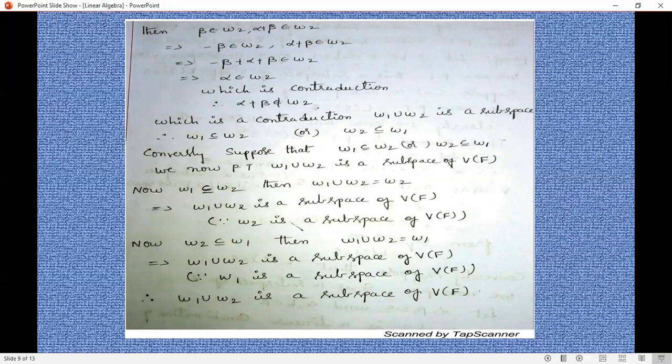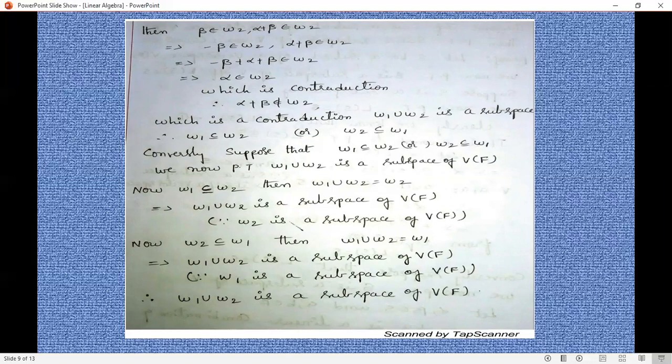But we have taken that alpha does not belong to W2, which is a contradiction. Therefore, our assumption is wrong. Therefore, alpha plus beta does not belong to W2, which contradicts that W1 union W2 is a subspace. Therefore, our assumption is wrong. Therefore, W1 is contained in W2 or W2 is contained in W1.